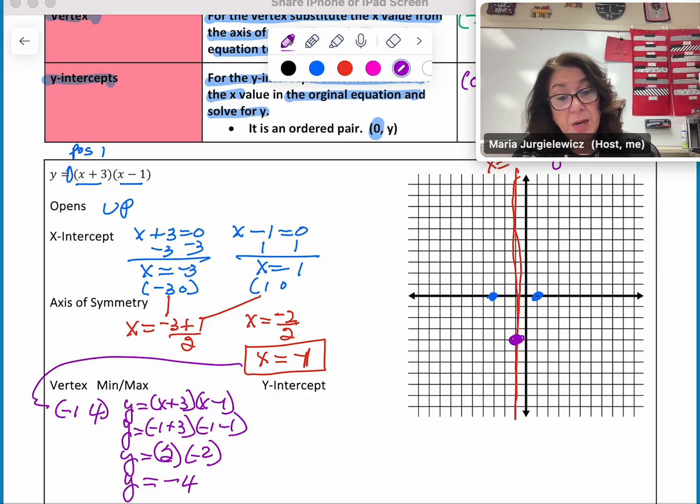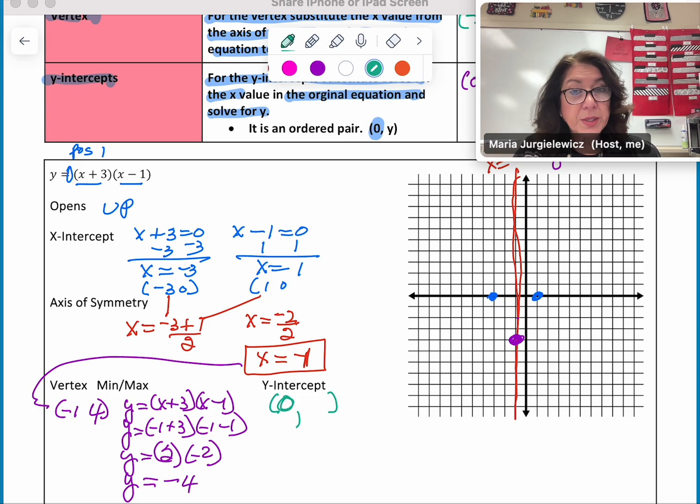Now I need to find my y-intercept, my last piece. And for my y-intercept, I know that the x value is always going to be 0. So once again, I'm going to take that equation, and everywhere that I see an x, I'm going to put in a 0.